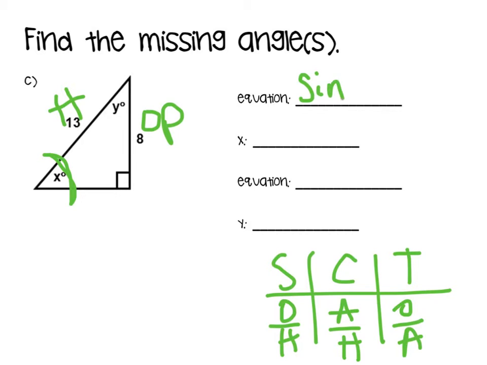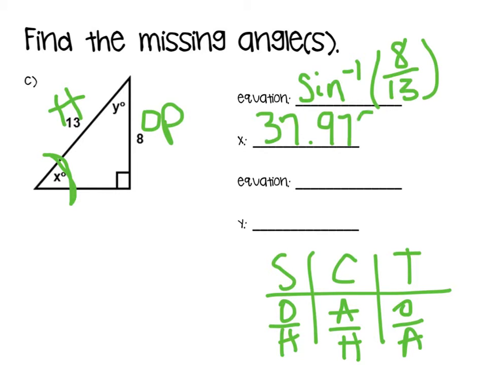The inverse of sine of my opposite over my hypotenuse. If I plug that into the calculator, I'm just going to go ahead and do it. That gives me 37.9799 degrees.